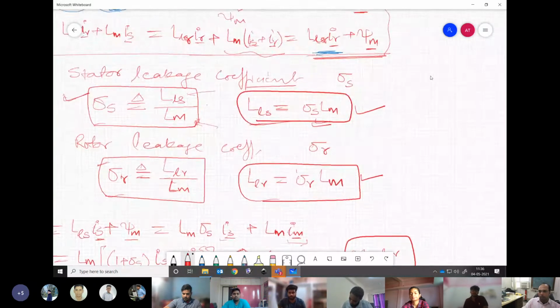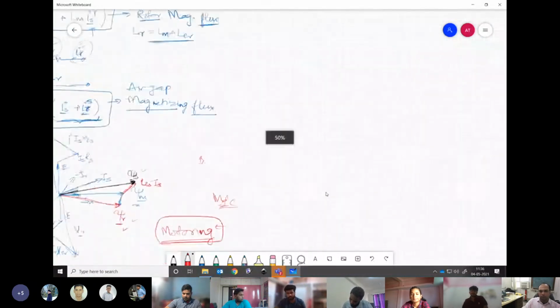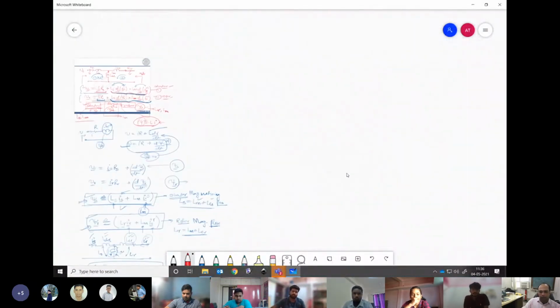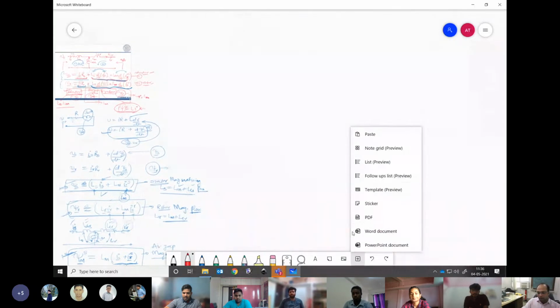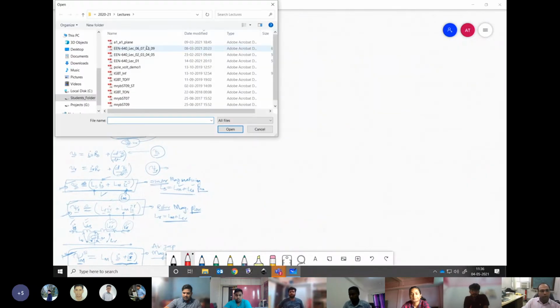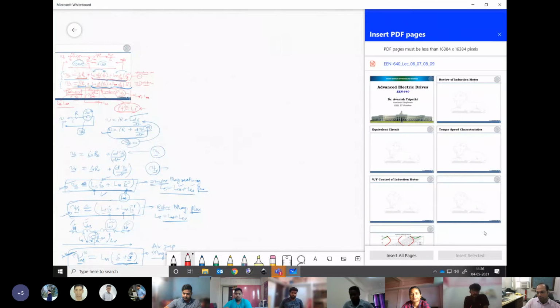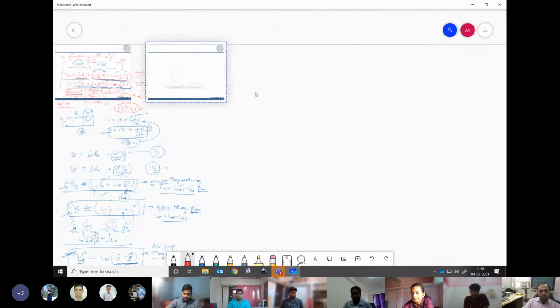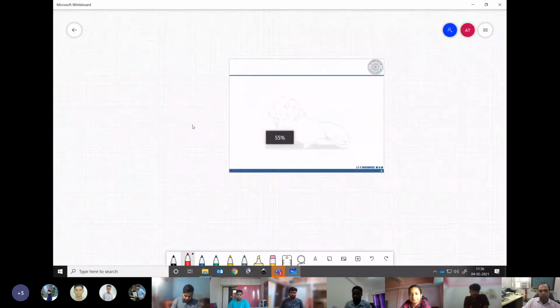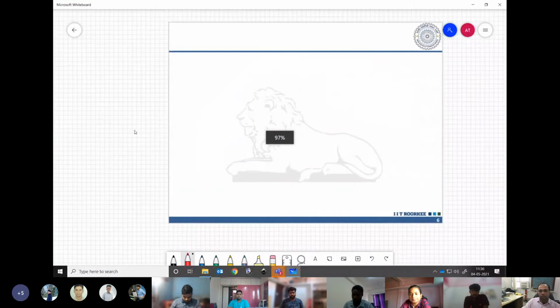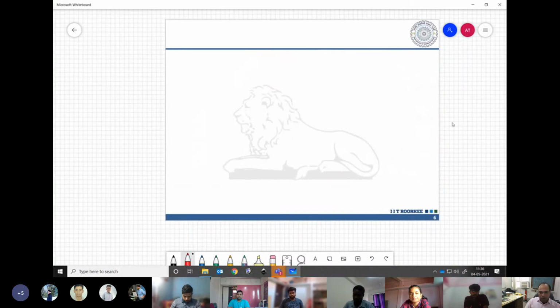Now, let us go to the reference frame once again and understand how our quantities, or how our vectors, are located in that. So now there are three reference frames which we will be talking about. So be very careful.